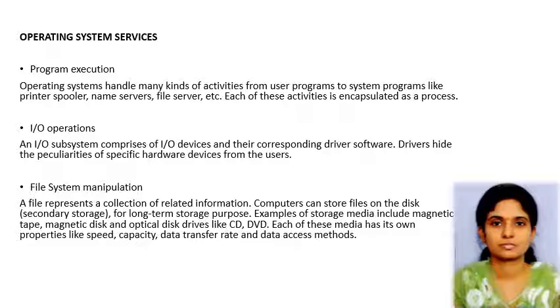It loads the program into the main memory first and then executes it, handles the program's execution, provides a mechanism for process synchronization if any, and also provides a mechanism for process communication. In case any kind of deadlock occurs, the deadlock will be handled. These are the different tasks performed by the operating system while executing a program.